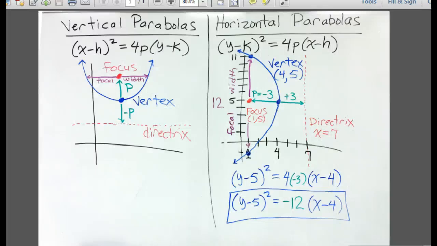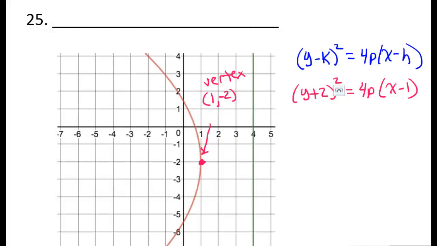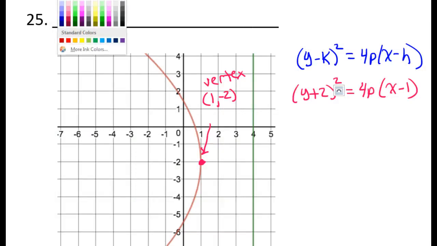How can I use that? Well, it turns out that the distance from the vertex to the focus and the distance from the vertex to the directrix are the same, but they're in opposite directions. So in terms of the p value, they will be opposite signs. So let's see. From the vertex to the directrix is to the right 3.